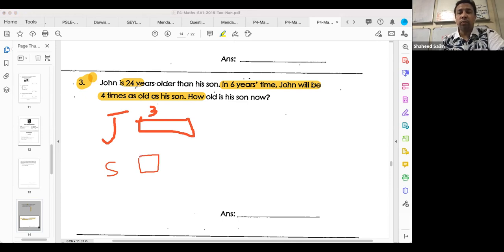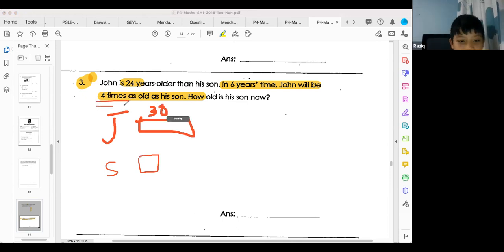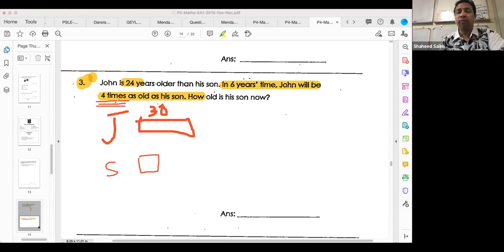Because John will be 4 times as old as his son. So John is 4 times 1: 1, 2, 3, 4. So they say in 6 years' time, John will be 4 times as old as his son.